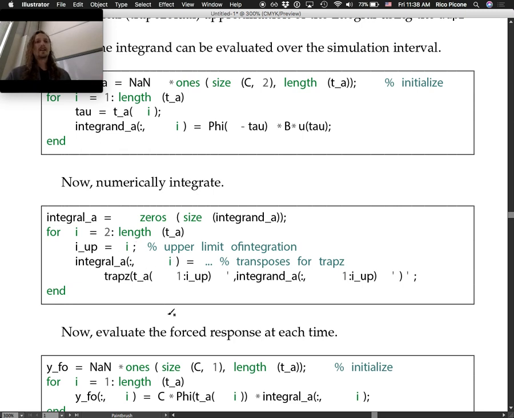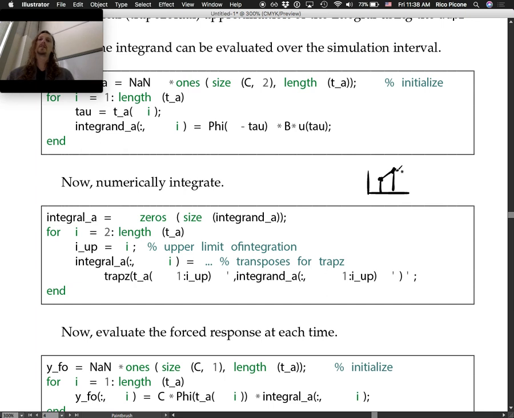In any case, i here is the upper limit of integration. i is the index for the upper limit of integration. Once again, we're going through each value of time. We're starting at 2 because, like I said, if you try to numerically integrate 1 point, it doesn't make any sense. In order to have a trapezoid defined, you have to at least have 2 points, right? So that's why I started at 2. It doesn't evaluate the integral for just the first value of time.